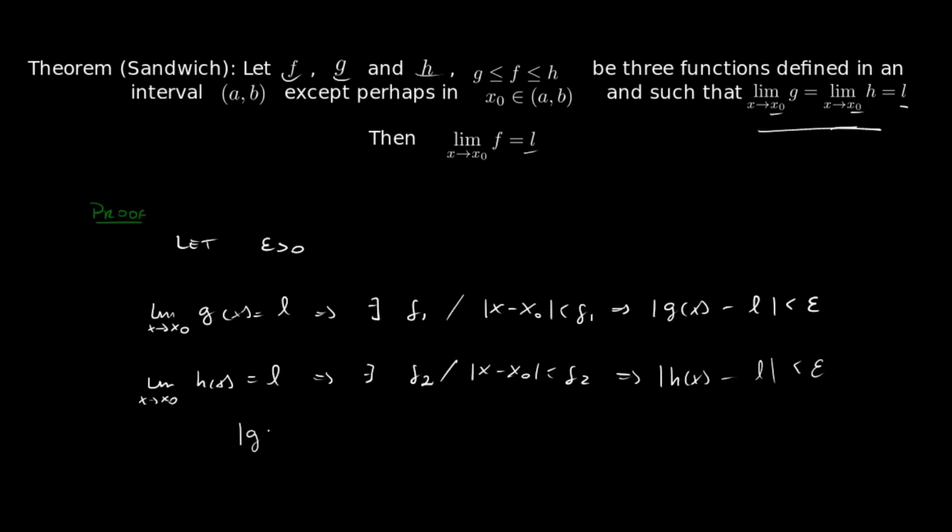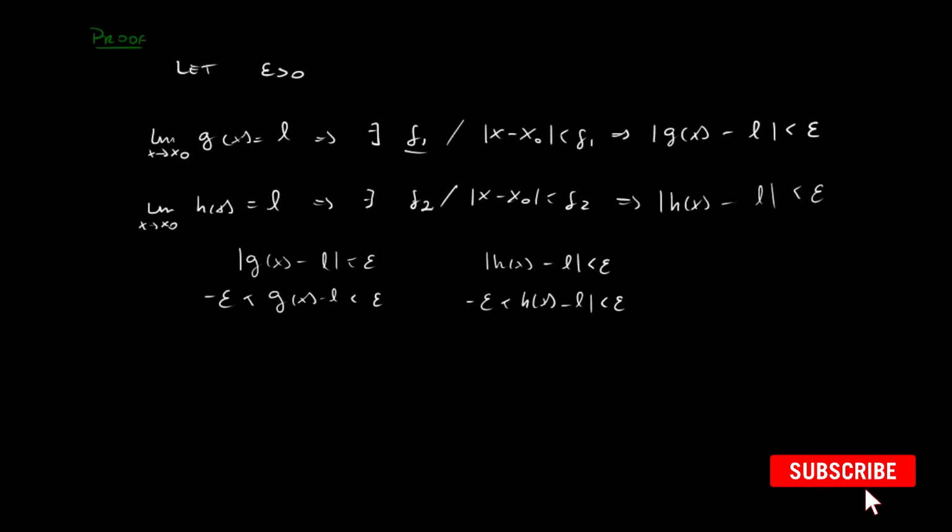Now, what |g of x minus L| smaller than epsilon means is that minus epsilon is smaller than g of x minus L and smaller than epsilon, because we have an absolute value. And the same happens with h of x. So now we have two deltas, and we want both these things to be satisfied with f.